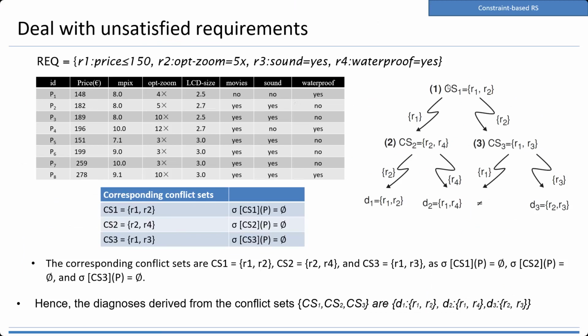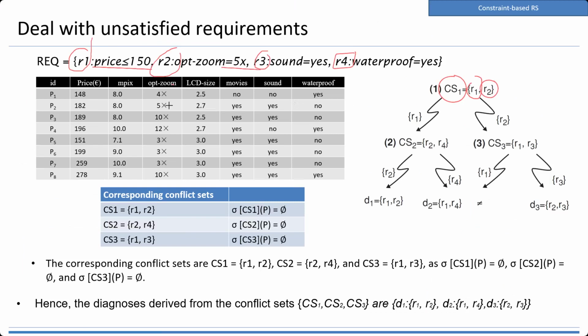So we have R1, R2, R3, R4. First, we will check conflict set 1. Let's look at R1 and R2. I want to know whether I can give a recommendation where the price is less than 150 and the optical zoom is 5 times.